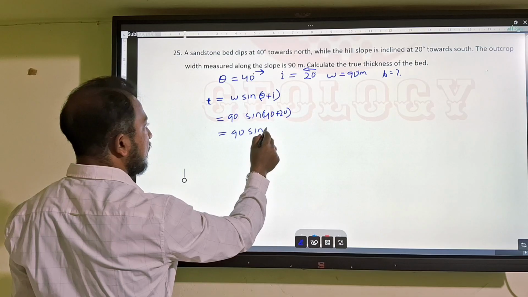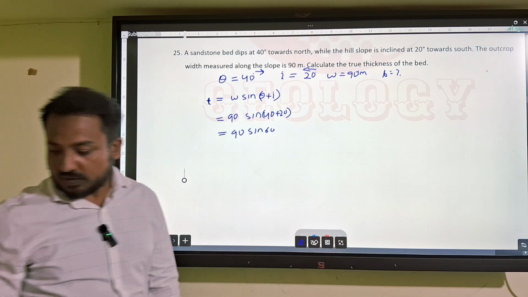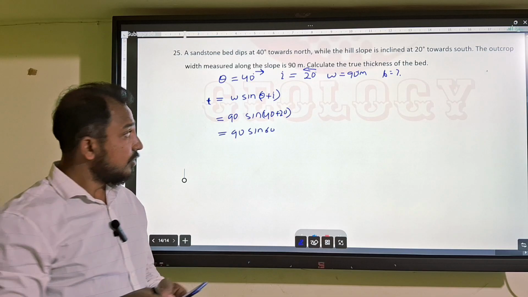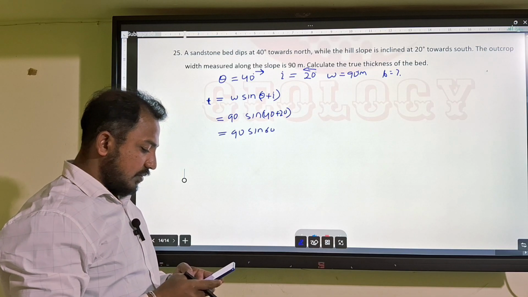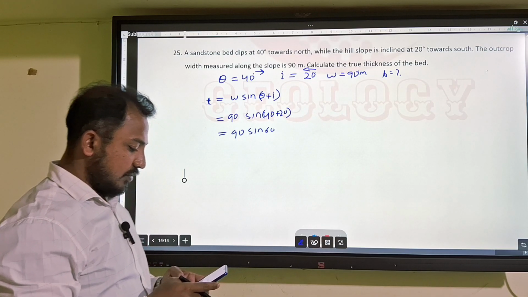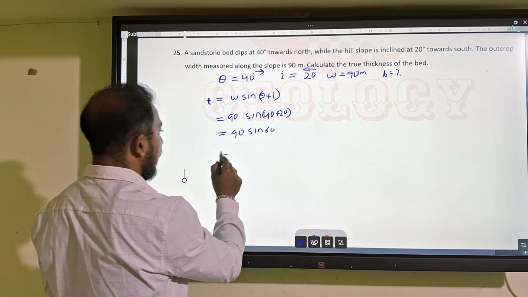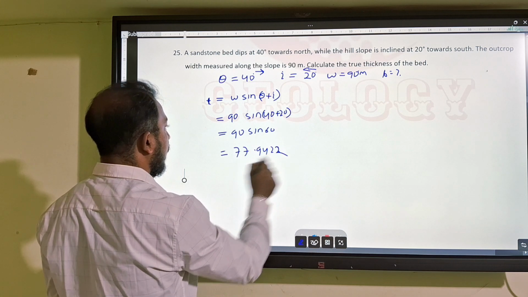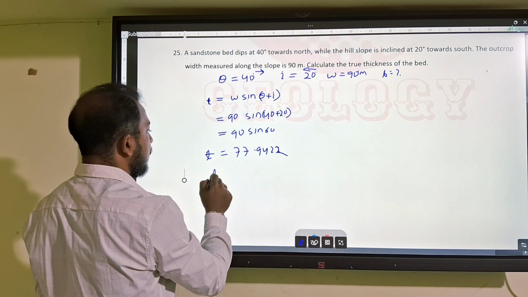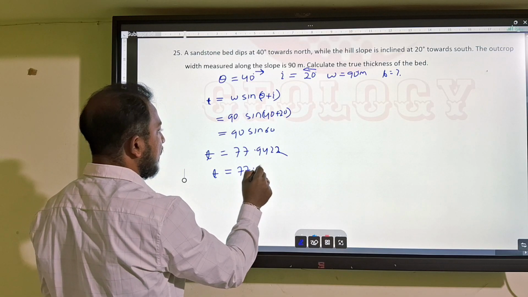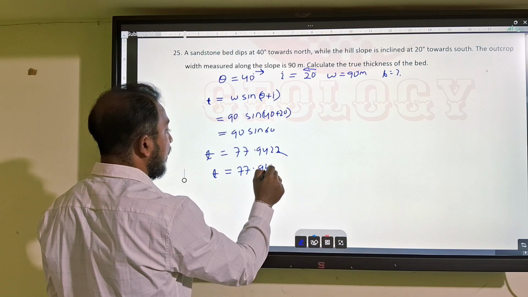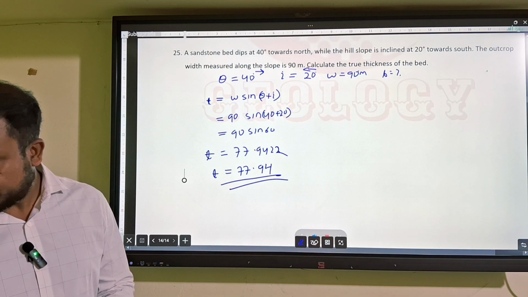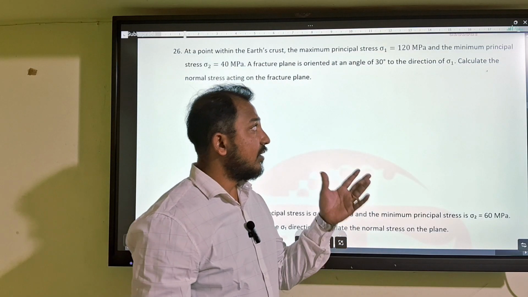So 90 into sin 60 will be 77.9422. If you round to 2 decimals, it is 77.94. So now let's move to another type of problem.